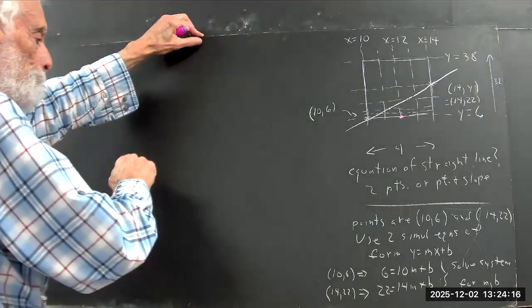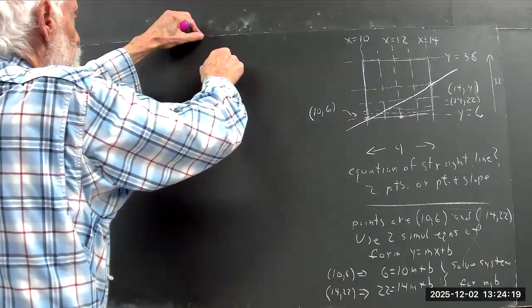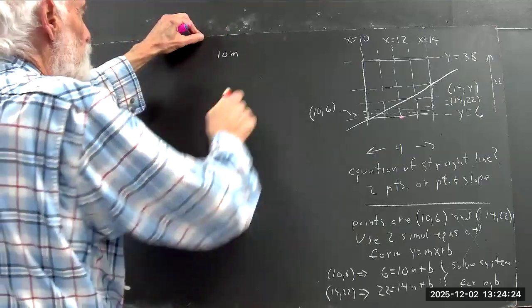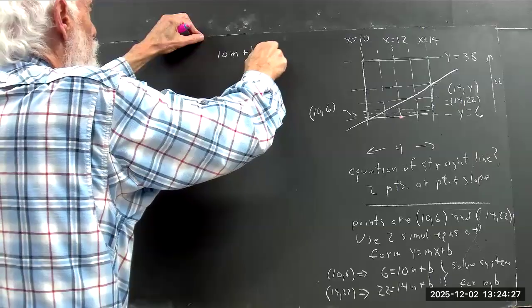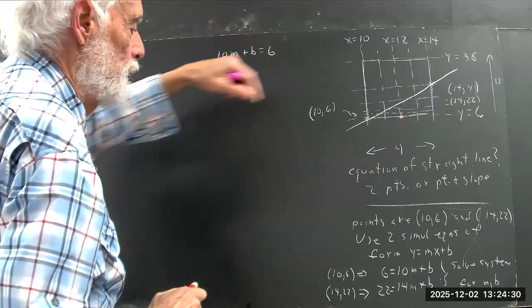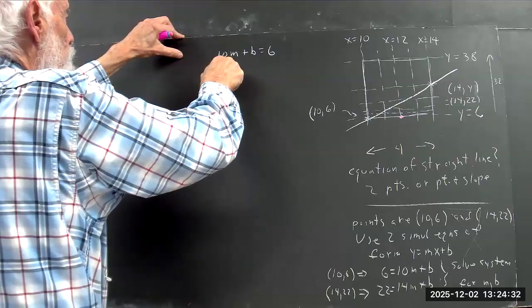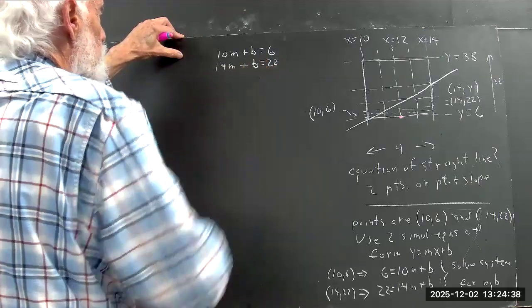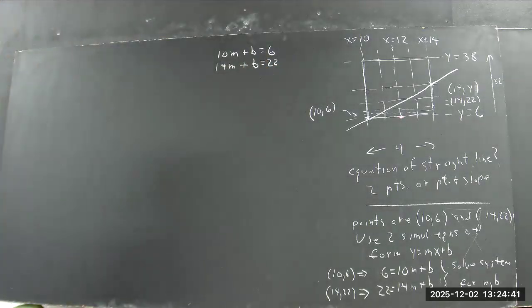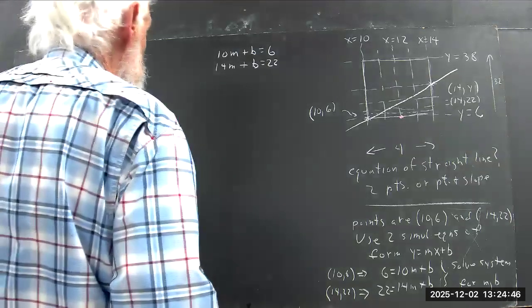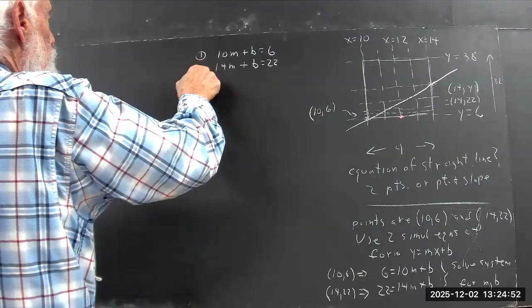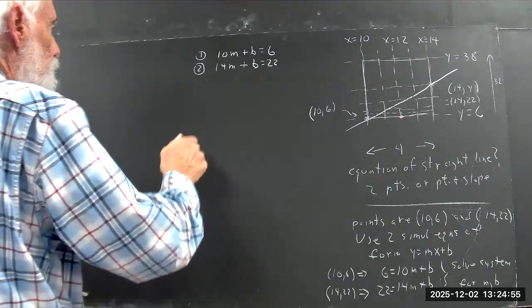Write the system out again. Now I'm going to write the system as 10m plus b equals 6, and 14m plus b equals 22. This is equation 1. This is equation 2.